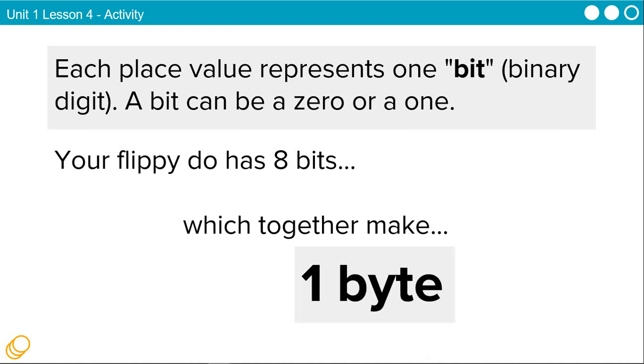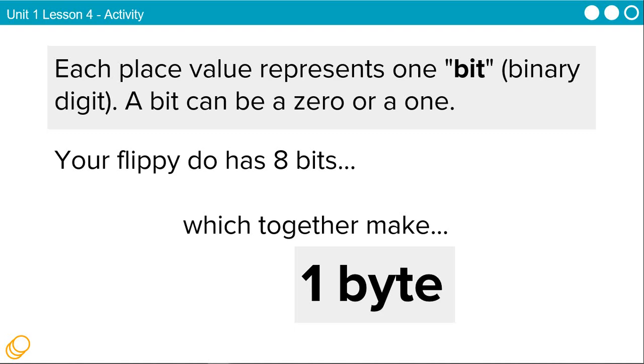So now this is a huge concept right here. As the computers actually process numbers, each place value, the 0 or the 1, is called a bit.